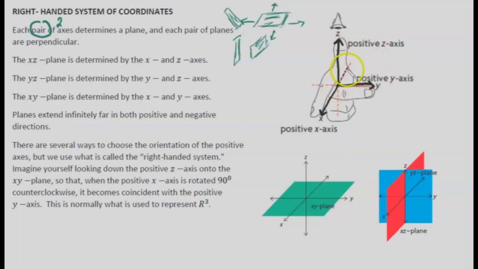Then we extend the positive x into the other direction. We continuously go through the ZY plane, and that dotted line depicts that they're going to be negative numbers. So this would be the negative x-axis. Same with the y: positive y goes over here, which is going to be the negative y numbers.